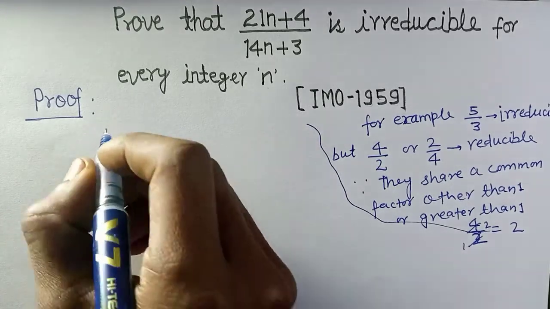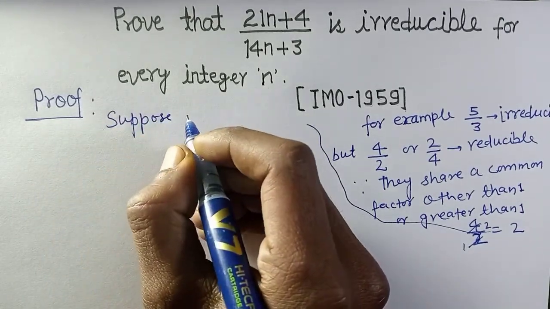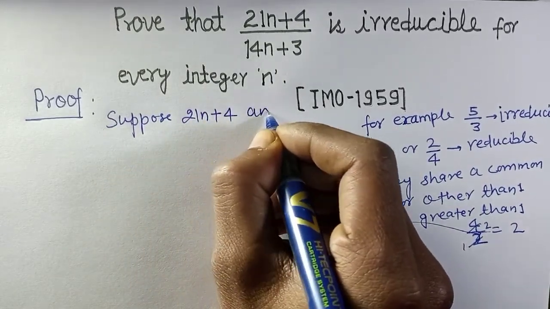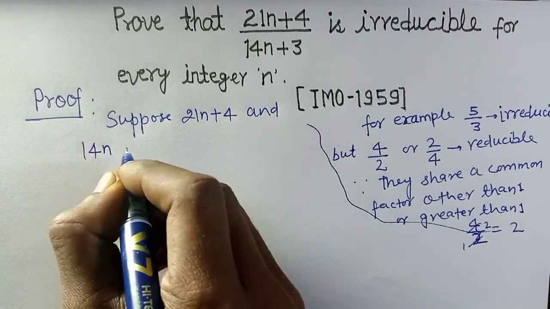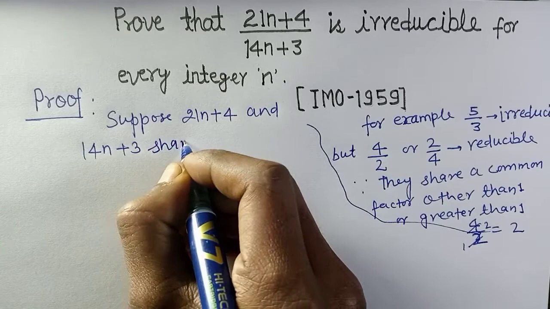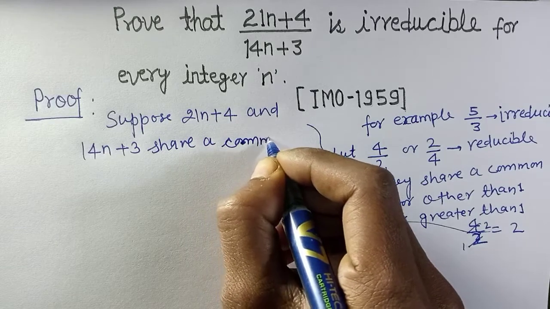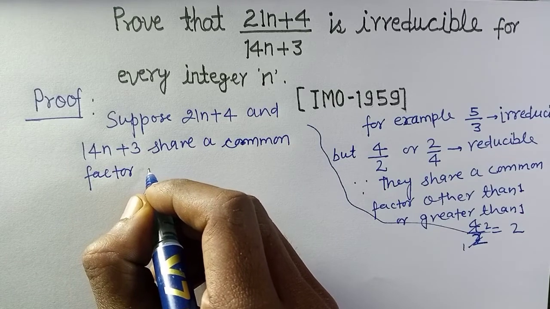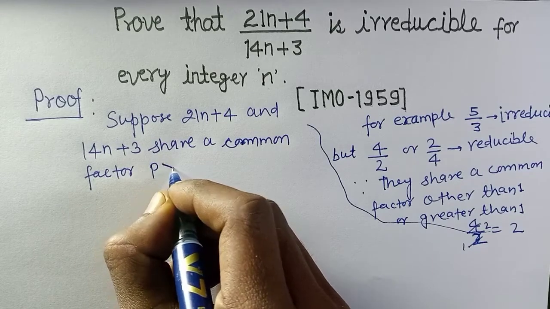Suppose 21n + 4 and 14n + 3 share a common factor p, and p is greater than 1.